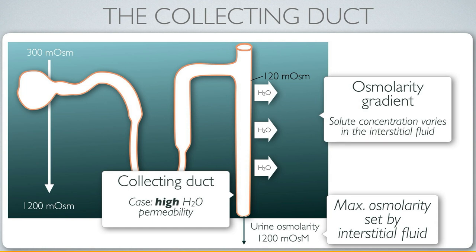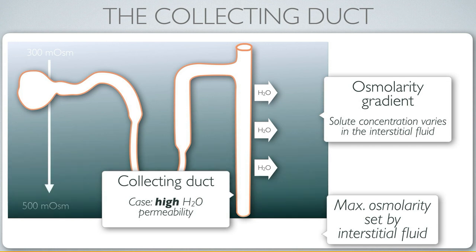Now, this happens all the time. Kidneys can change the osmolarity of the interstitial fluid. We'll talk about how that happens later. But we'll just take it for granted that this gradient outside the nephron can change.